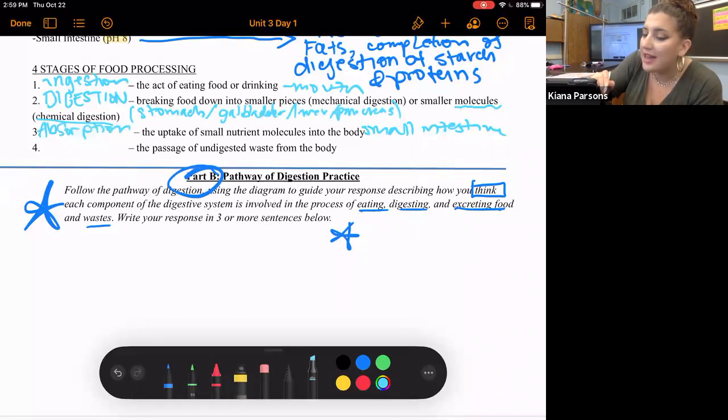And the last step, the 4 stages of food processing, the passage of undigested waste from the body, getting rid of it, is elimination. And here we're getting rid of the waste because we've already absorbed the nutrients.